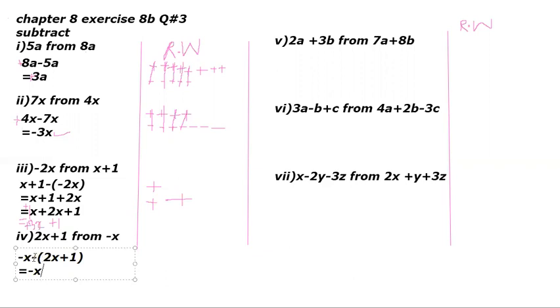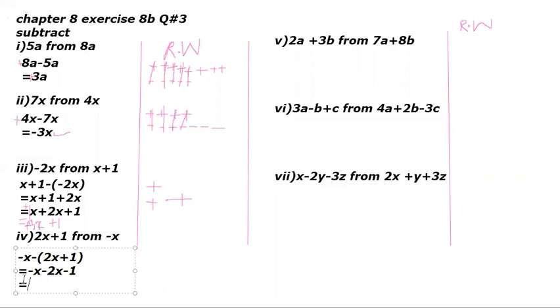When a negative sign is multiplied by a positive sign, it gives us a negative sign. We will get negative 2x. Now we will multiply this negative sign with this positive sign. When we multiply a negative sign with a positive sign, it always gives us a negative sign. So negative 1. I will explain with my pencil, but first I need to complete the question.